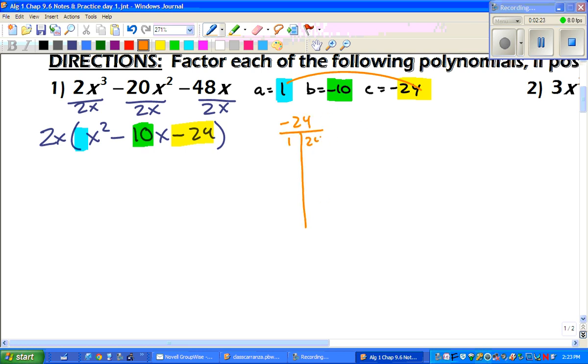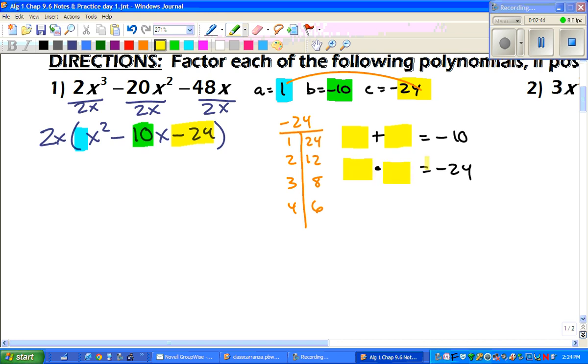So the factors of 24 are 1 and 24, 2 and 12, 3 and 8, 4 and 6. So what numbers add up to negative 10 and multiply to get negative 24?